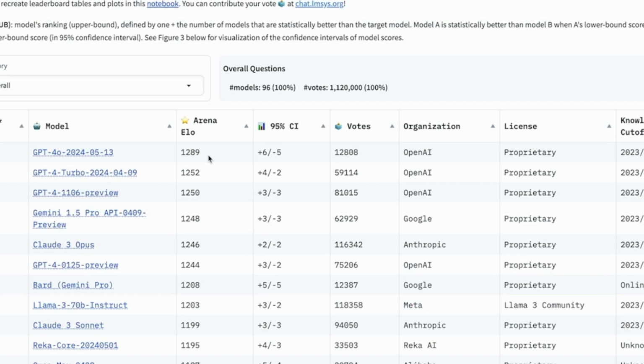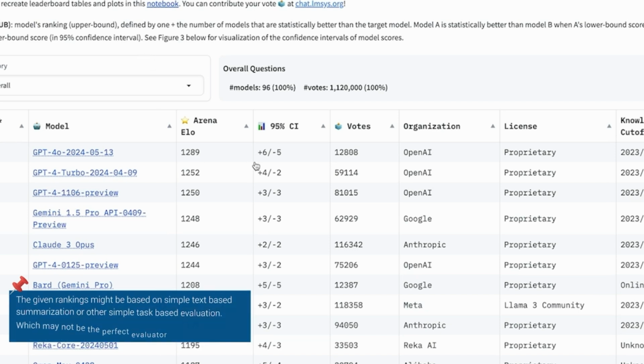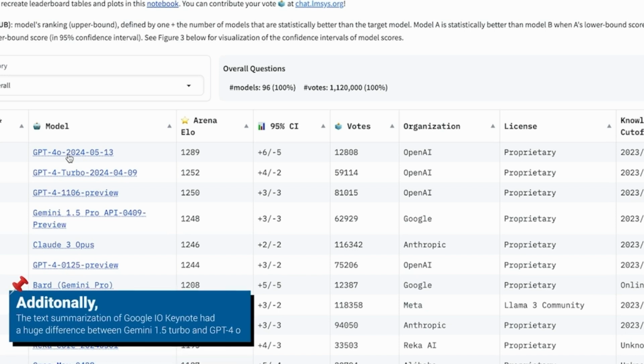So I'm really not sure whether these numbers reflect anything other than some of the simple prompts that they have curated, and on those prompts they are comparing these models. You can see GPT-4 maybe is doing very well on text summarization, but in our experience, the text summarization of the Google I/O keynote was not up to the mark.